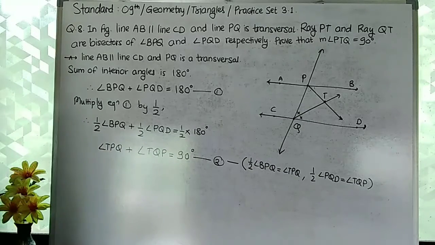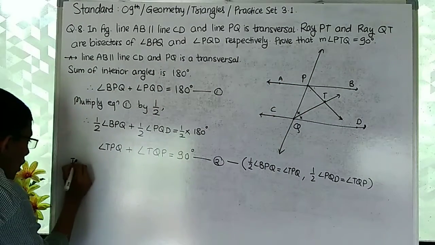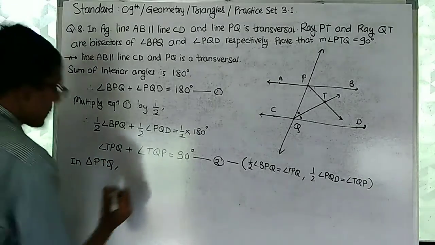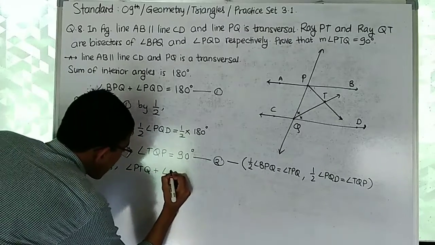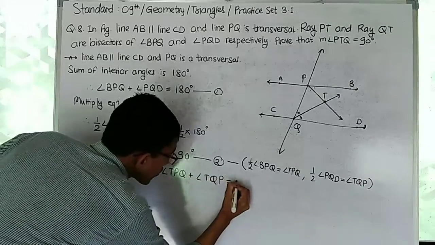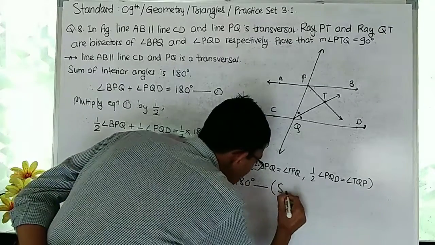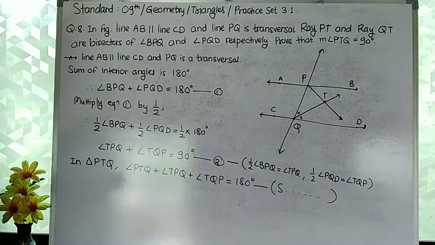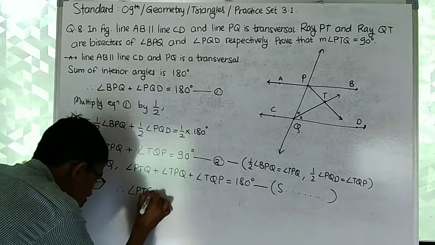Now let us take triangle PTQ. So in triangle PTQ, we can write angle PTQ plus angle TPQ plus angle TQP is equal to 180 degrees, as we know the property that the sum of the measures of all the angles in a triangle is 180 degrees. Now we don't know what angle PTQ is, that we have to find.